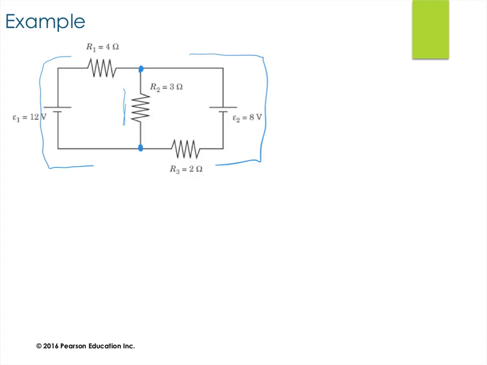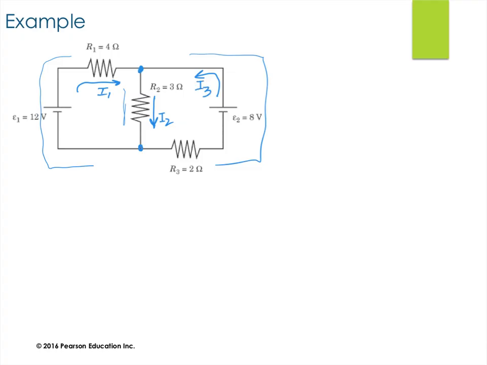I'm going to have 3 different values of current. I'm just going to write them down, label them, not going to worry about it, because I know that if I got the direction wrong, I will just get a negative value. So I'm going to say that this is I1 through the left-hand side. I'm going to call this I2. And then I'm going to call this I3.